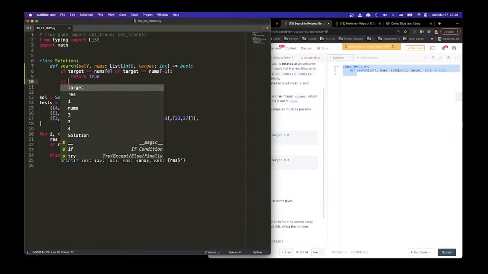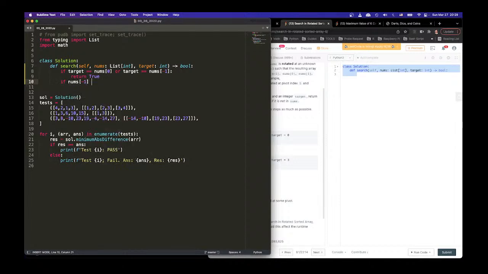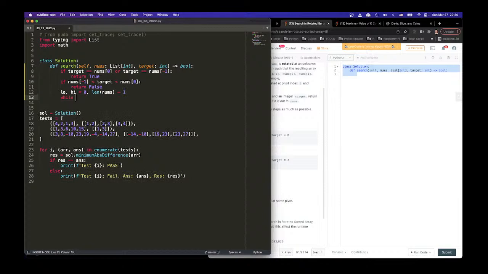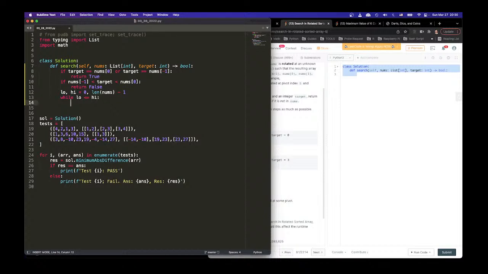If nums[-1] is smaller than target, and target is smaller than nums[0], like in between these two, then we return false. So these are, to me, the edge cases. And then we can say low, high equal to 0, len(nums) minus 1. While low is smaller than or equal to high.